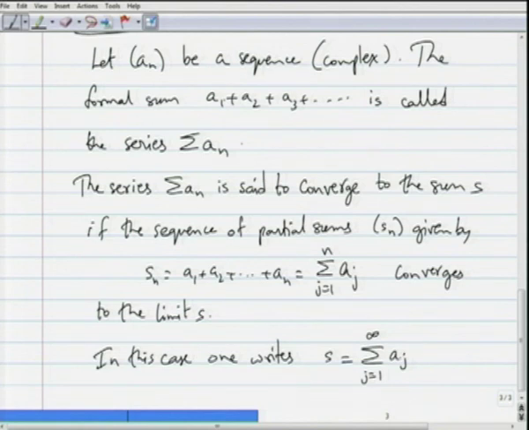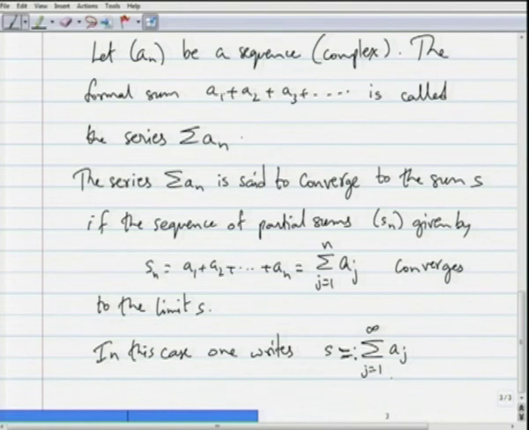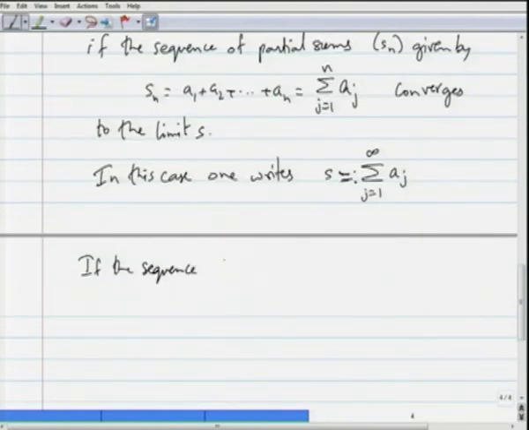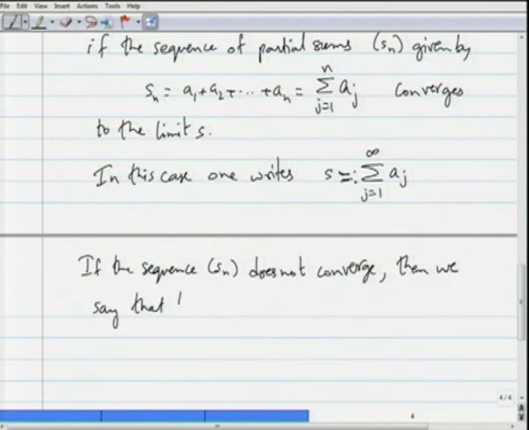So, that is the notation for this sum S. If the sequence S n of partial sums does not converge, then we say that the series sigma a n also does not converge.